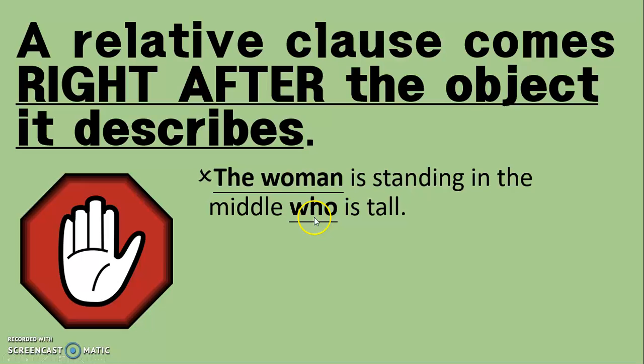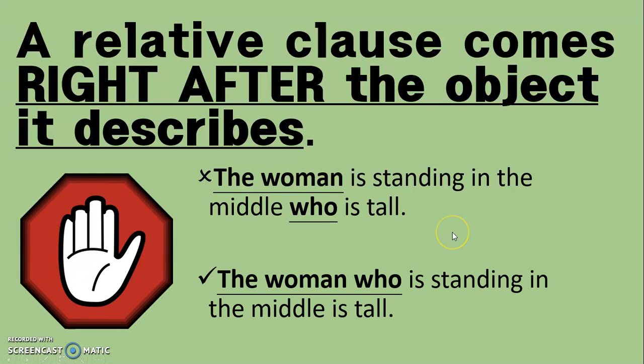So it must come right after the word the women instead of coming after the word middle. Because or else the sentence is very confusing. So the right way to say it would be the woman who is standing in the middle is tall. As you can see here, the word who comes right after the thing or the person it describes. In this case, the women.